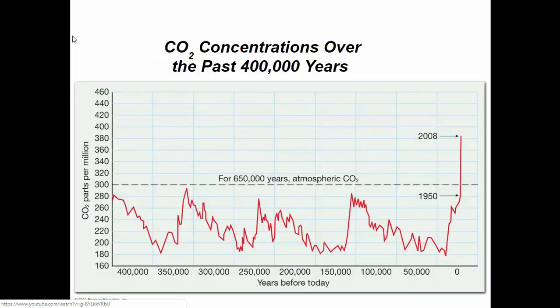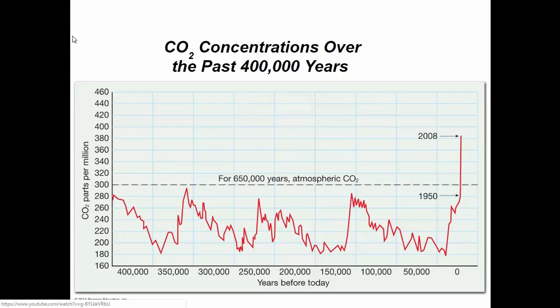And so if we look at what's happened to the Earth's carbon dioxide levels over the last 500,000 years, there are natural fluctuations in carbon dioxide levels. They've changed throughout the millennia. You can see increases, decreases, increases, decreases.